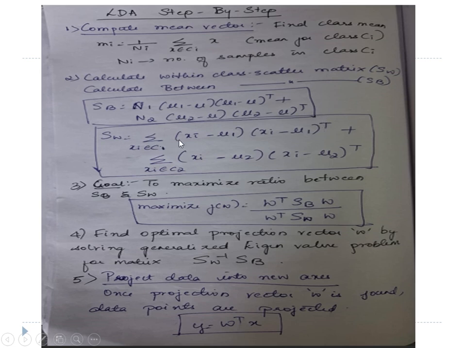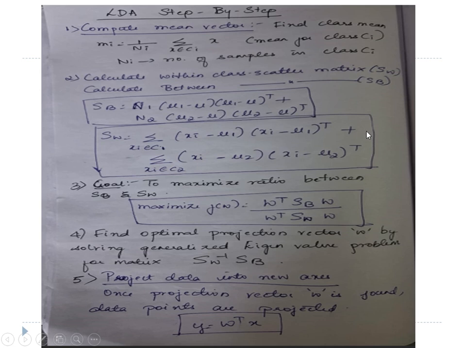Now you have to use summation, because I have to subtract every data point with its mean. So that means xi belongs to class C1. So in the first term, subtract every data point with its mean.